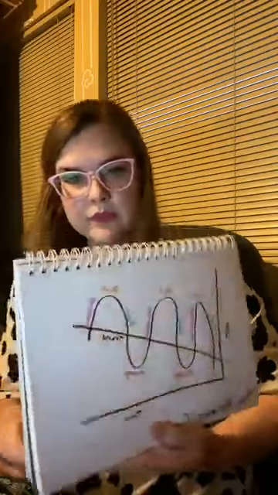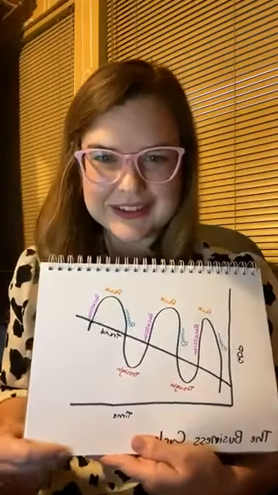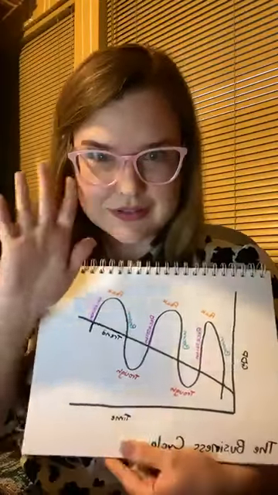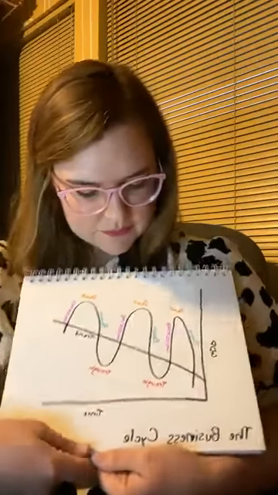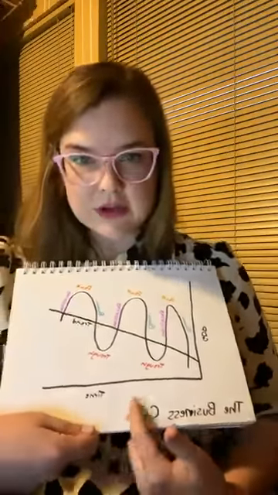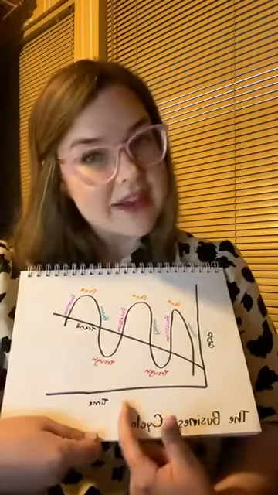Okay, so the last diagram I have here is what we call the business cycle. So, look how pretty this is. I have really great handwriting, I'm just saying. Now on the bottom of the graph here, we have something called time.